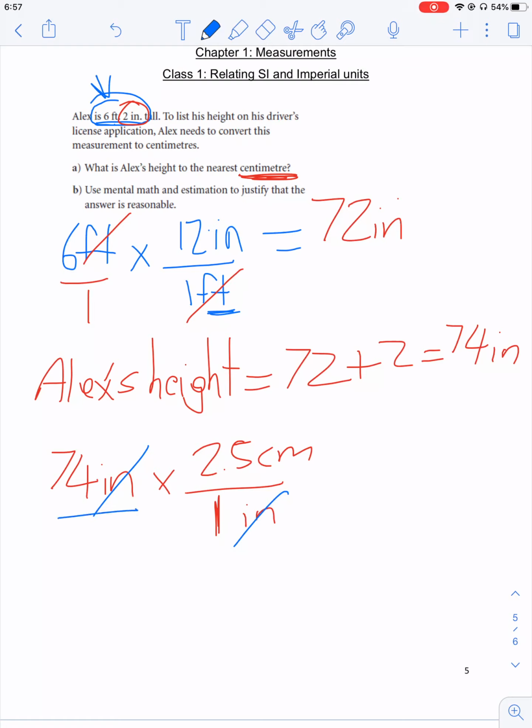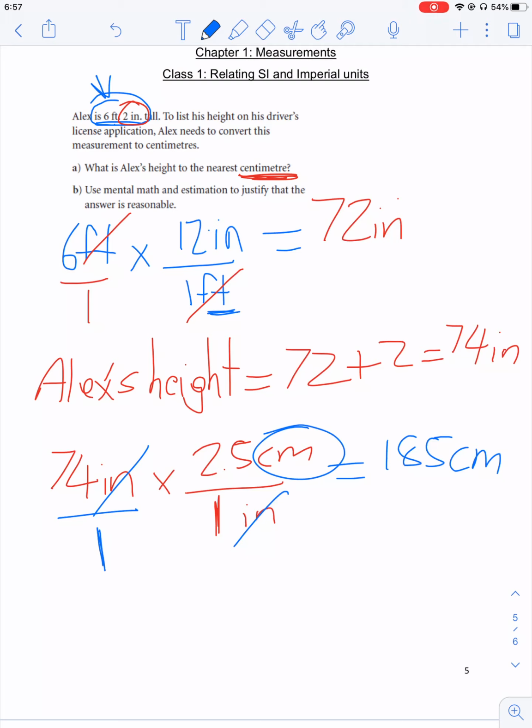And then remember, if your denominator is not visible, it's 1. So you multiply your numerator separately. So 74 times 2.5 is 185. And then 1 times 1, you multiply your denominator, it's still 1. And my final units have to be in centimeters, okay?